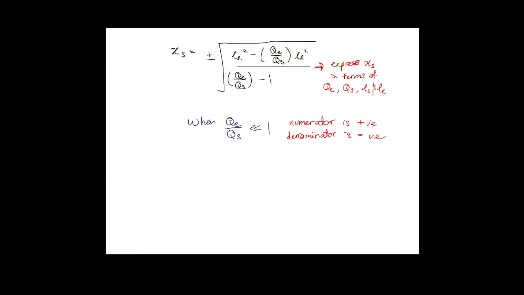Now, that's a problem, right? Can you have a square root of a negative number? No. You can't. Never. So, no real solution.